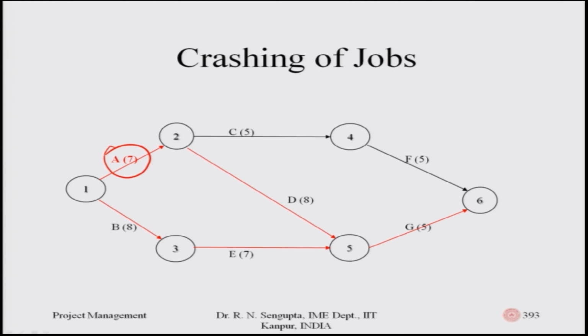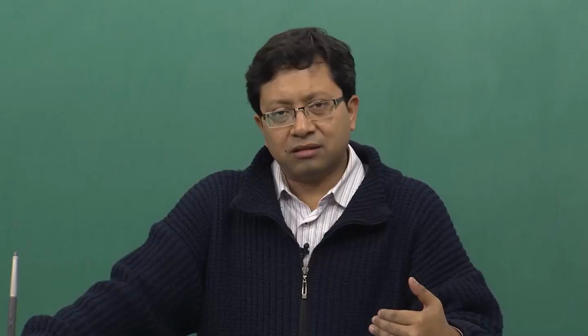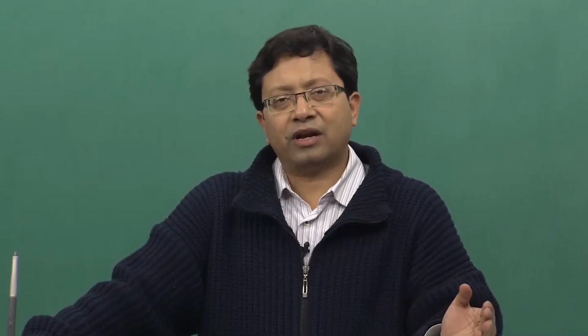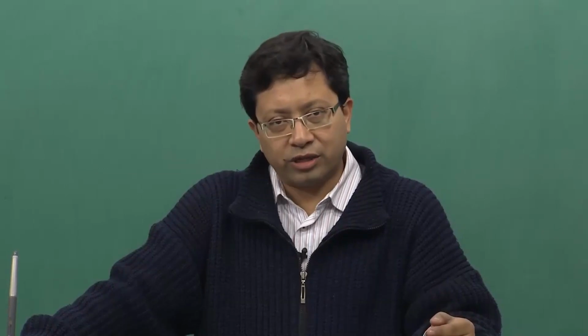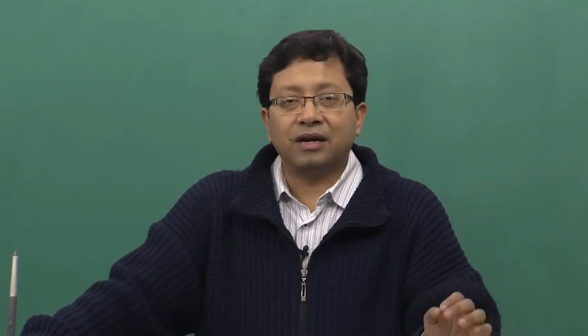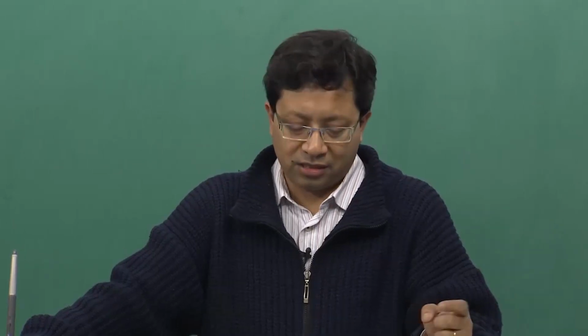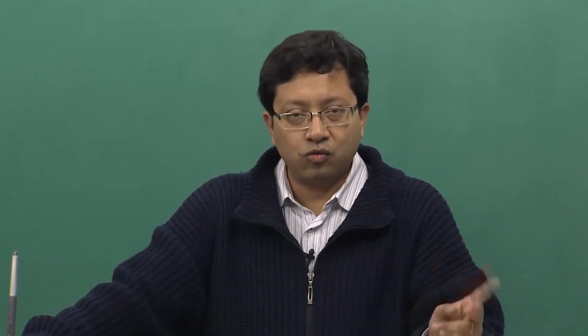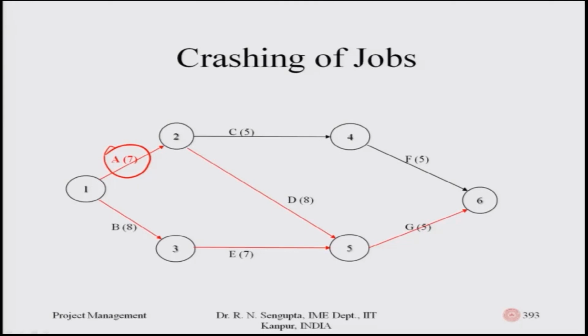Well, you may be thinking that this work is going on where I am trying to reduce A by 1 unit, that is fine, but does it bring any other activities into the critical path? Let us see, it was 21 as of now by reduction of the number of days by 1 unit in each step. If I want to find out whether there is a change in the critical path to another set of activities, the answer is no.